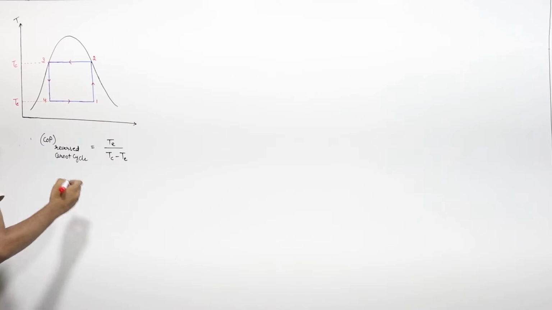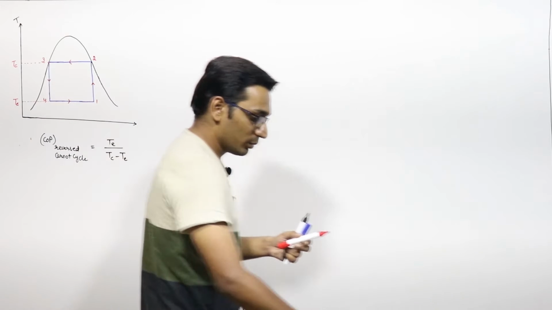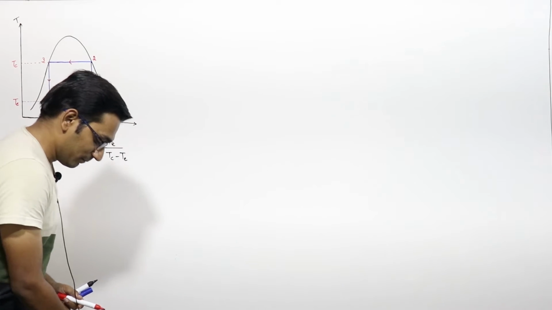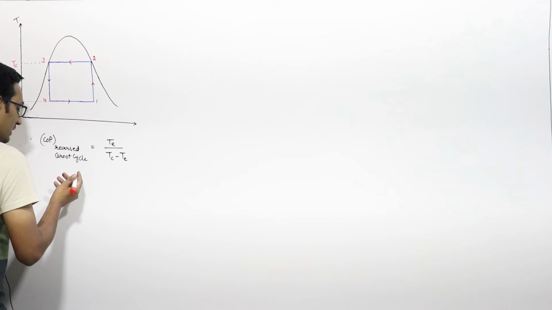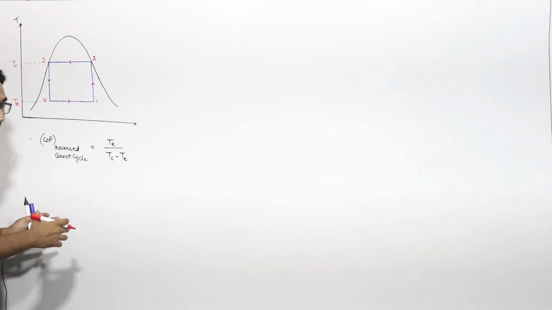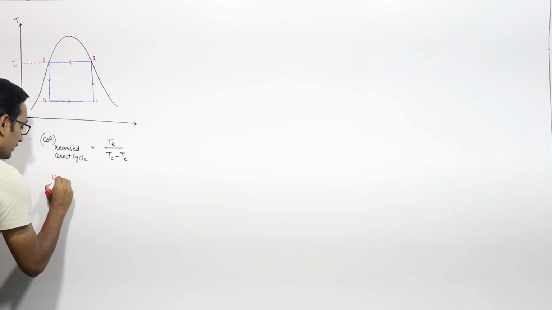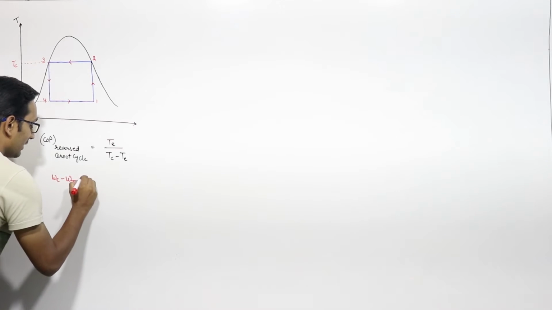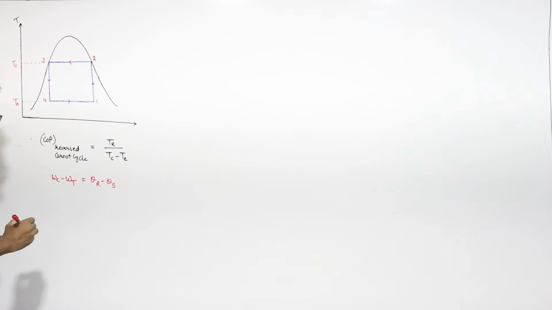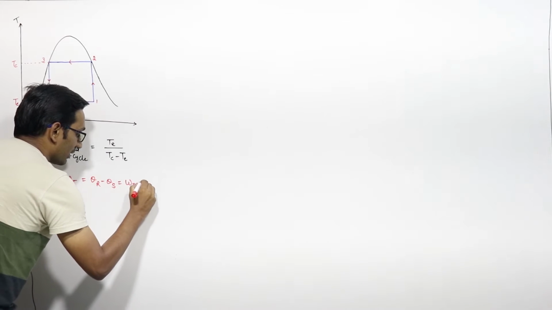And we already know from the first law of thermodynamics that for a closed cycle the net work will be equal to the net heat supply, or you can say WC minus WT will be equal to heat rejected minus heat supply. This you know, right? And this is equal to W, the net work done.